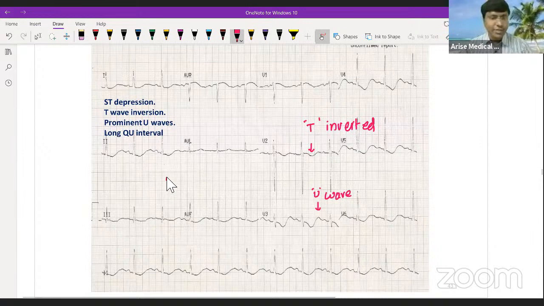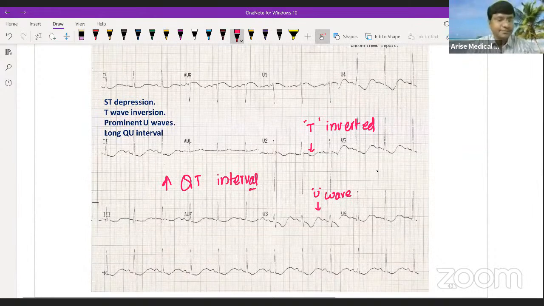And they will also have a prolonged QT interval, or we call it the QU interval, because your U wave is getting merged with the T wave. That is why we call it a prolonged QU interval or prolonged QT interval. Right? Next.